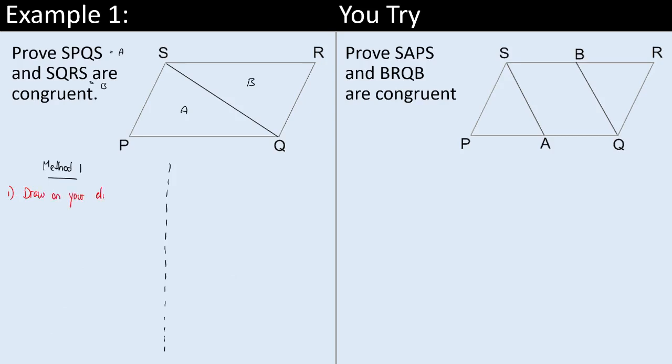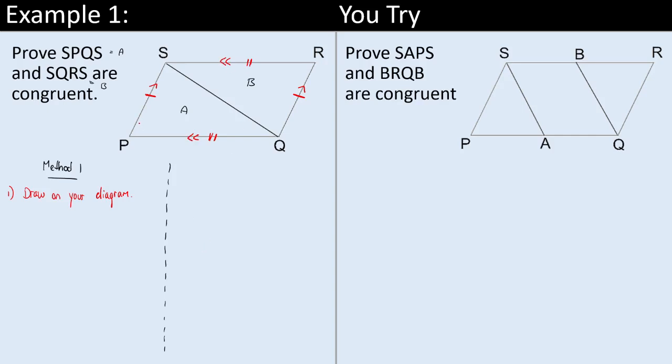Okay. In an exam, you might have that the picture already has everything drawn on for you. You might not. It might be completely blank, like this one. So it would be up to us to draw on our diagram to say what is going on. So I know that this side will be equal to that side. I know that they're both parallel. I know that the bottom side will be equal to the top side. And I know that they are both parallel.